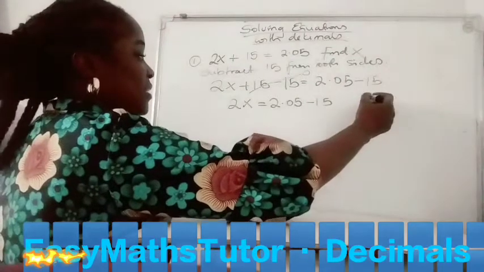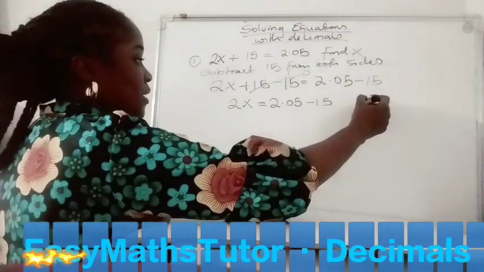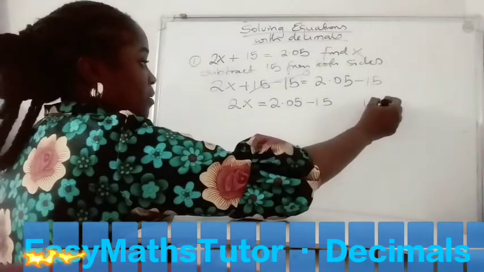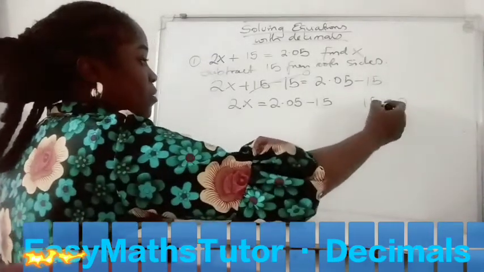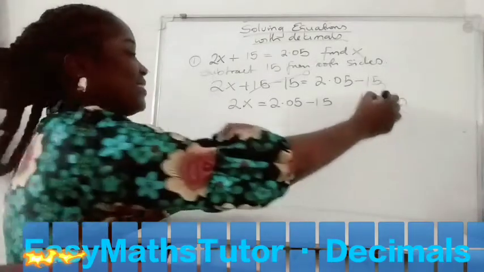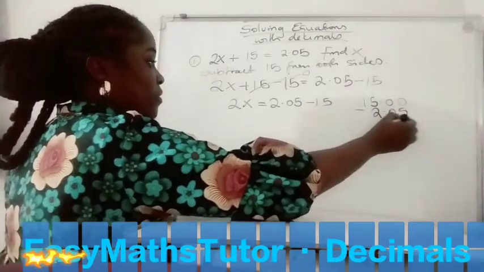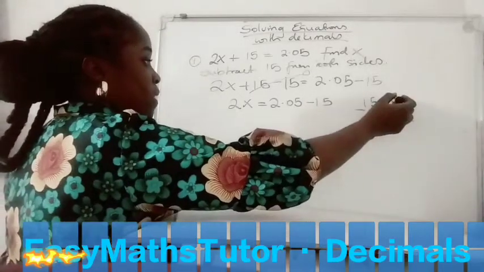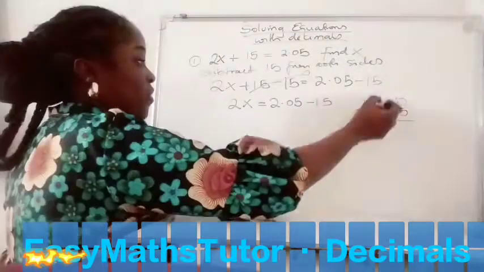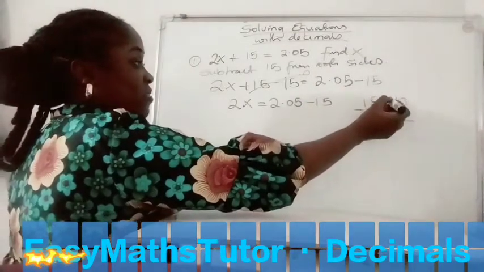So I'll do it like this. Simply, I'll say 15.00 minus 2.05. Now, first of all, we'll borrow. 1 from 5 here, we'll have 10.